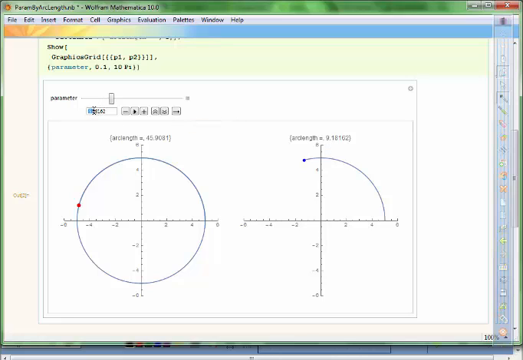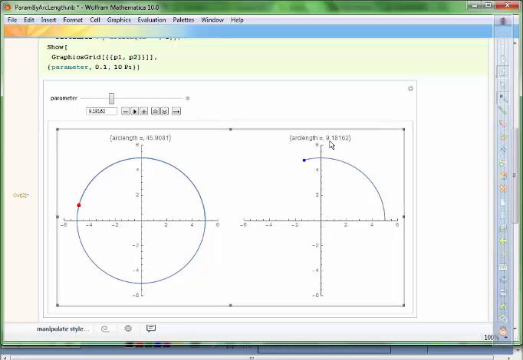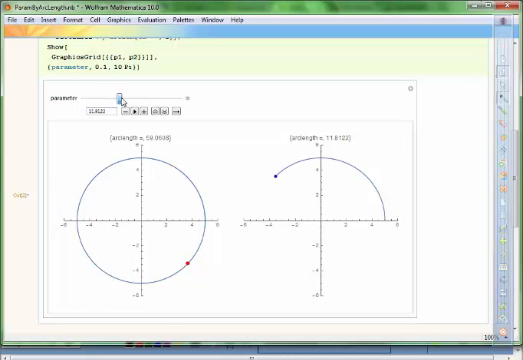The number here for the t value is 9.1816, and the arc length for this is 9.816. And the arc length for this one is 45, so that's really big. But whatever this parameterization is on the right side, it looks like it's the same length as my parameter. Whatever my parameter is gives the same length as the arc length.